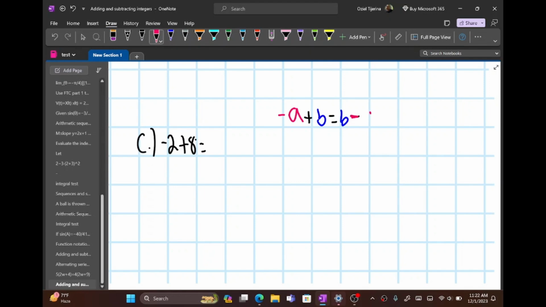This is a property. However, if y'all have trouble memorizing that, I'm going to do the same thing I did with the T-chart.